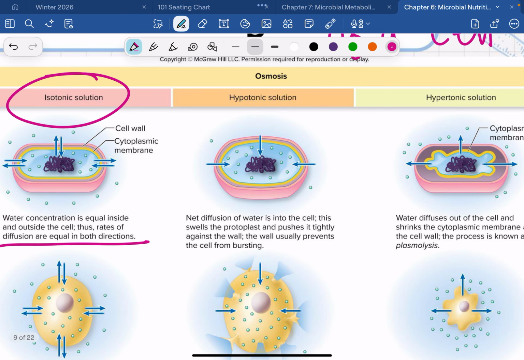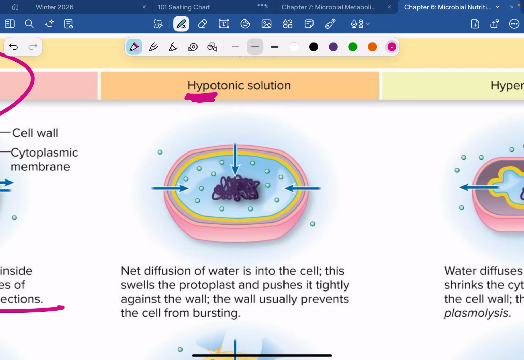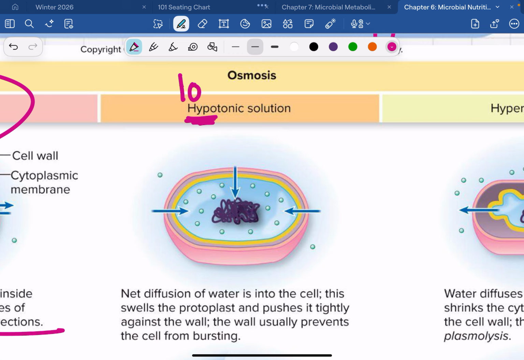Now, in a hypotonic solution, hypo as a prefix means low. Hypo is low, like hypoglycemia is when you have low blood sugar. Hypo is always going to mean low.